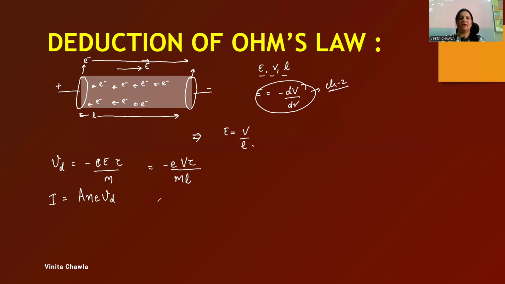Neglect the negative sign and write this expression for VD. So what will we get? A and E. In the bracket we have E V tau by M L. So this is A N E square tau by M L in one bracket and V here.